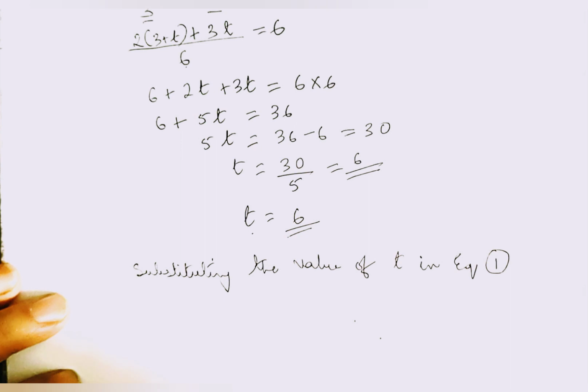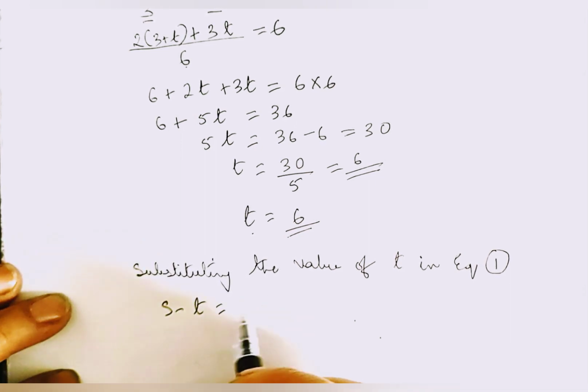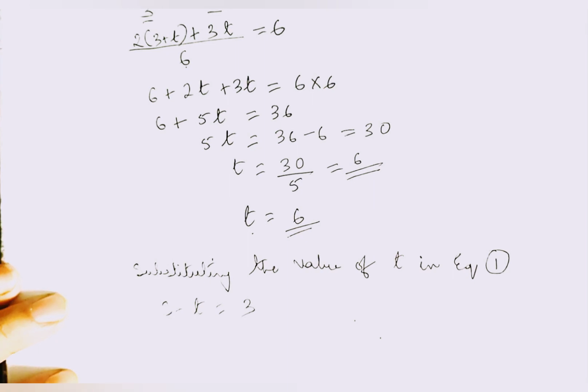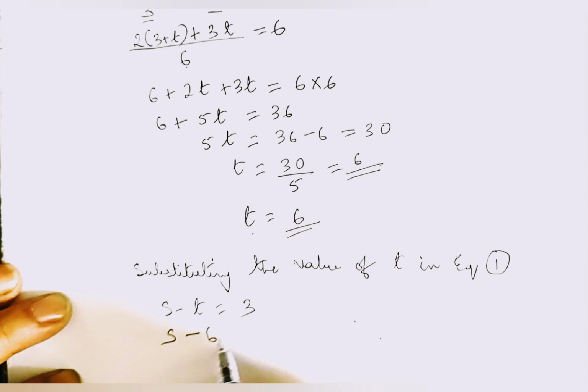Equation 1 was what? S minus t is equal to 3. Okay. Now s minus t equal to 3. S I have to find out, so I'll write s minus t was how much? 6 is equal to 3. As I have to find this s, so I am writing it this way, s equal, then 3, I'll write it here.